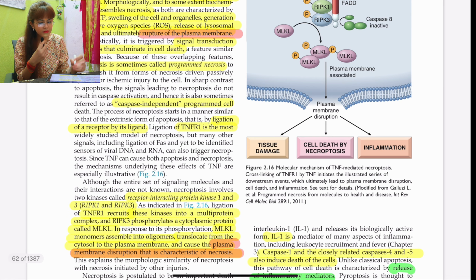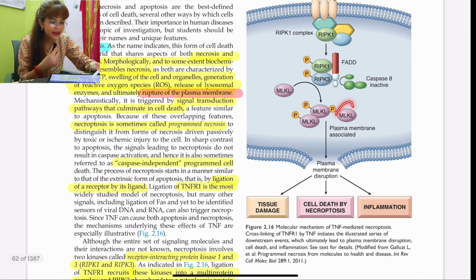Okay? And in response to this phosphorylation, these MLKL monomers will assemble into oligomers, and they will translocate from the cytosol into the plasma membrane and cause plasma membrane disruption, and that is characteristic of necrosis. So ultimately, this MLKL is responsible for the plasma membrane disruption happening in necroptosis.